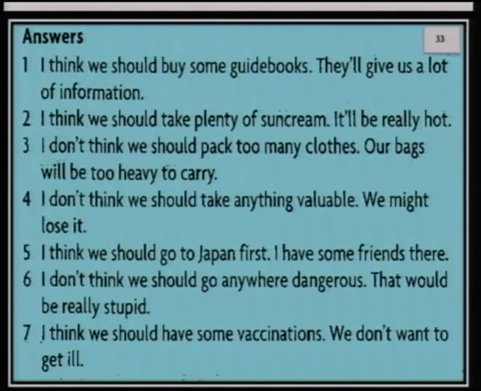We use I think we should or I don't think we should. If it is something good, I think we should. If it is something bad, I don't think we should. What kind of obligation is it? It is mild, not strong.